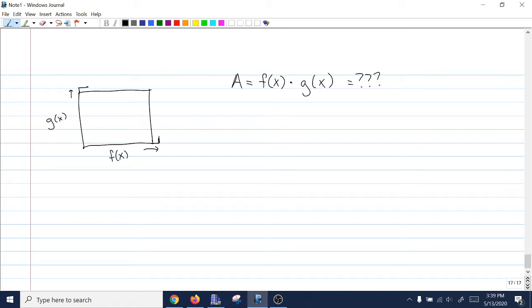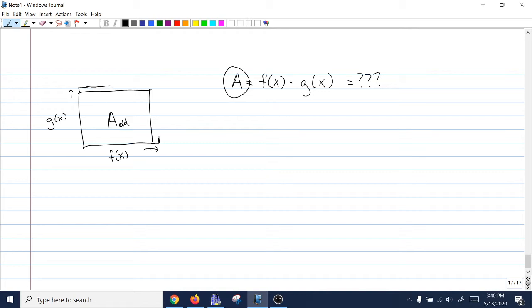What I want to think about is what is the new area? Like, how much does the area change by? That's the derivative, what's the rate of change. Well, my original area was this.